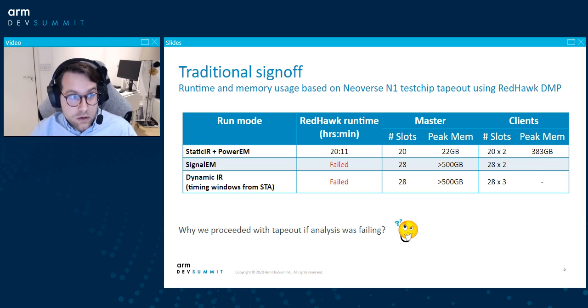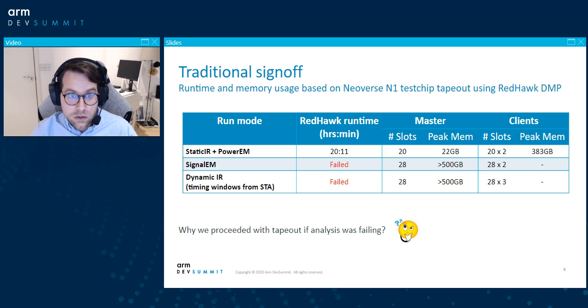So let's have a look on the sign-off tapeout challenge we met on that tapeout using Redhook DMP. In order to have a full flat static IR and power EM, power integrity analysis, the tool had to run for 20 hours and 11 minutes, as you can see on the slide.